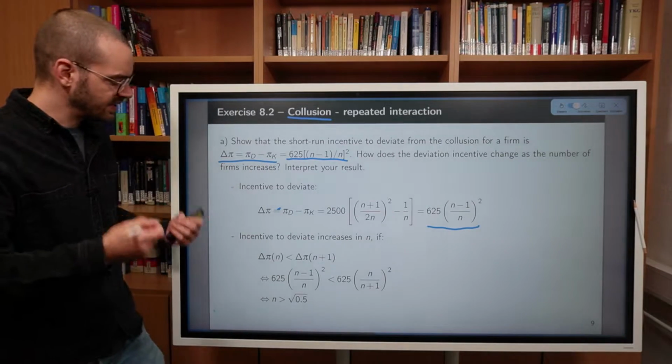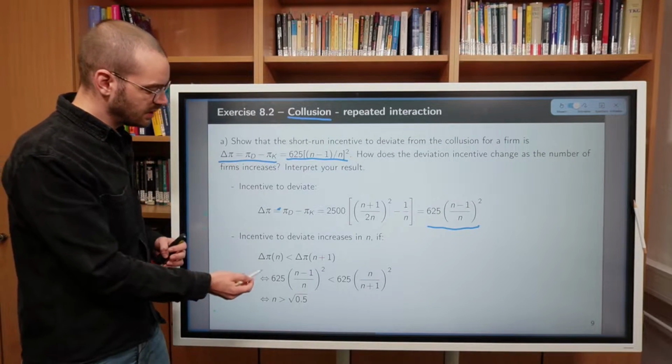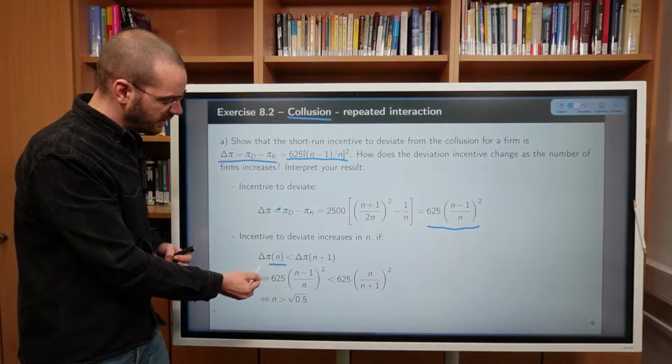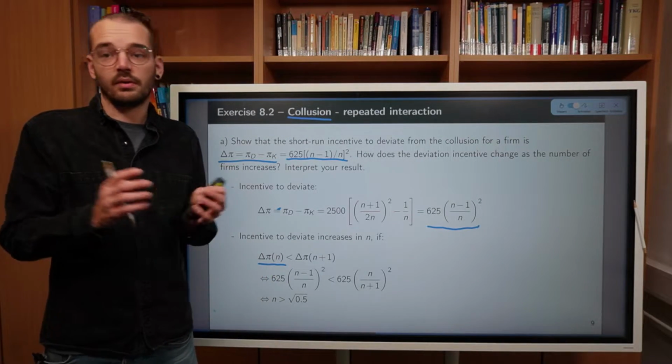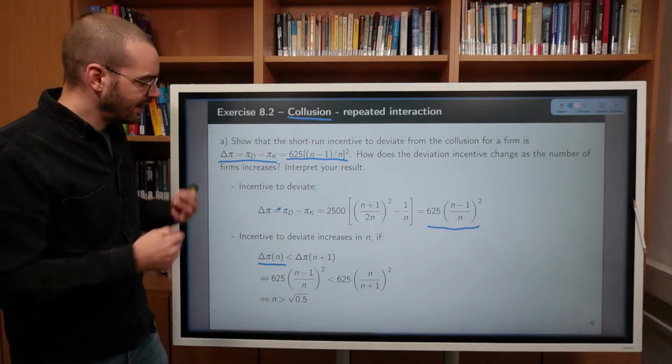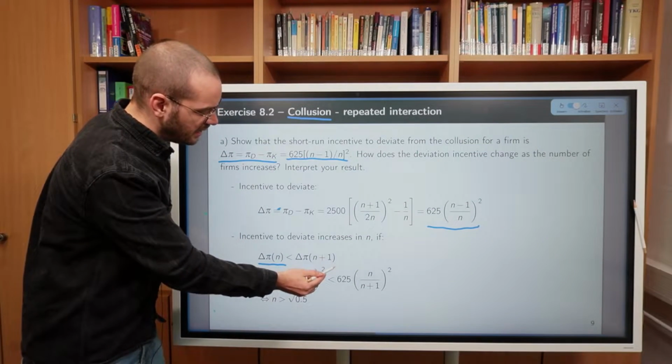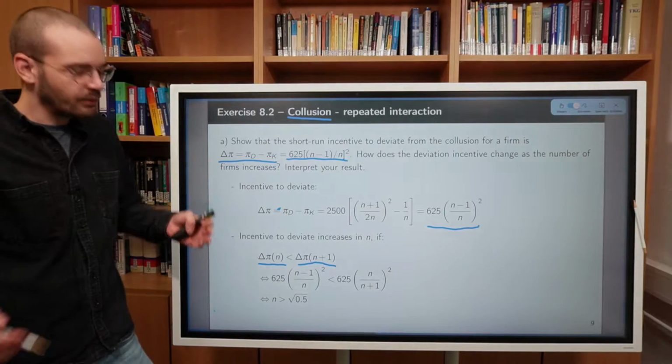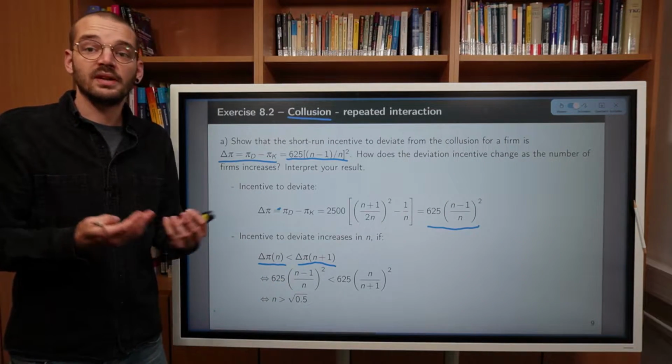And we can do so by simply considering two situations. The first one being the difference in profits, or the incentive to deviate, for any number of firms n. And then we compare it to the incentive to deviate for any number of firms n plus 1, right?